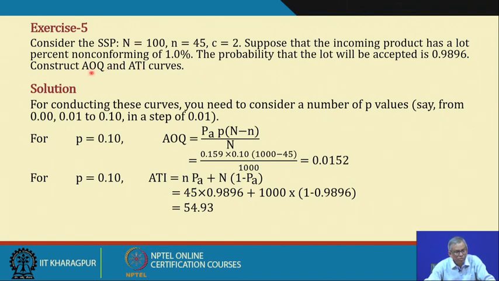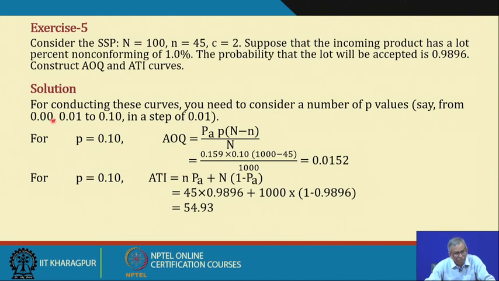We have already explained what AOQ is. Is it okay? And what ATI is. We have defined these two terms, and particularly these two terms are applicable when you apply rectifying inspection. So what is the solution? For constructing these curves, you need to consider a number of p values, starting from 0.00.